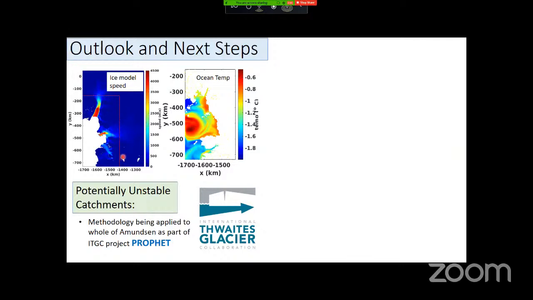So the methodology I just introduced is now being scaled up to look at the entire Amundsen sector. It'll take longer to run, and more computer nodes will be needed, but hopefully we'll discover some interesting things and learn a bit more about what is needed for initialization of these projections and how that impacts them.